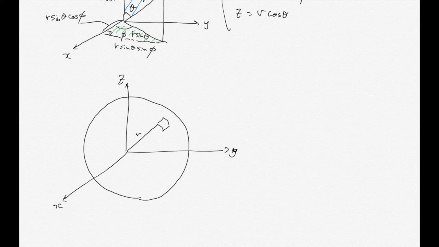So this is r, this is theta. So this part is a d theta. If you consider this section of the circle, this is the part of the circle with a radius of r. So this length becomes r d theta.